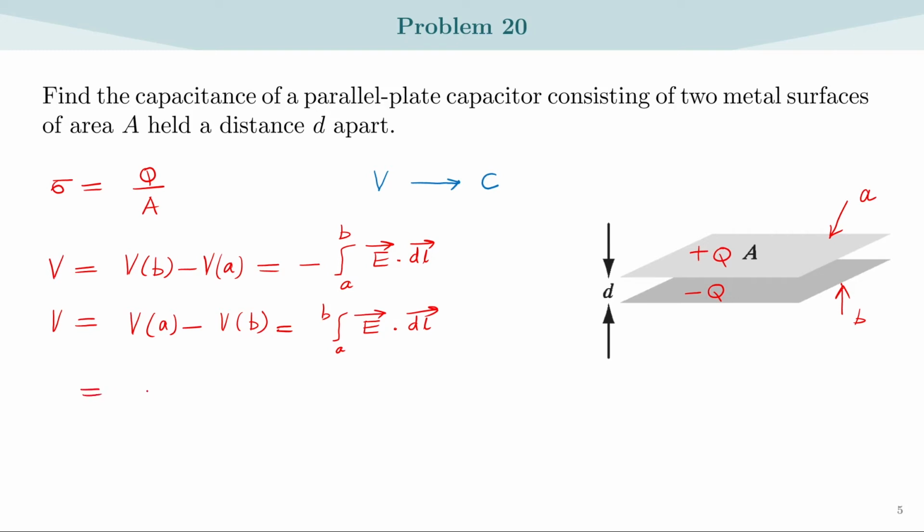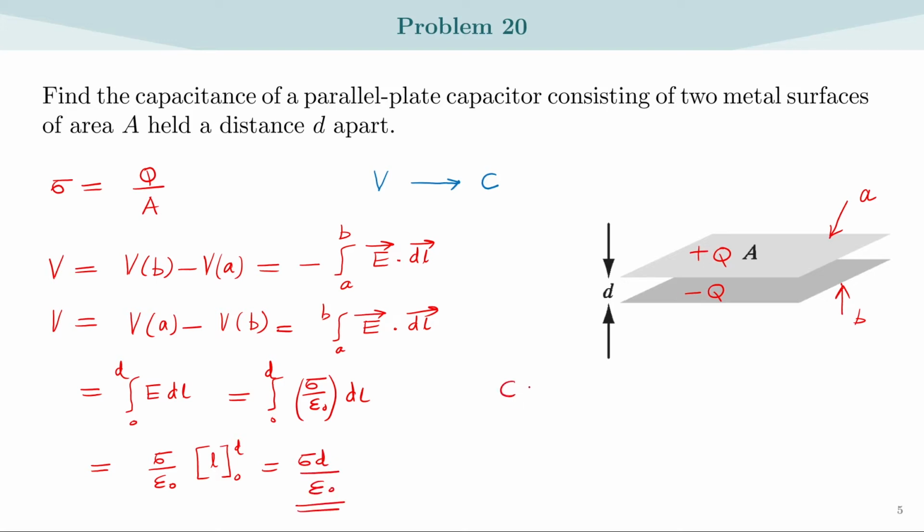And this is equal to integral 0 to d E dl. And this is equal to integral 0 to d sigma over epsilon 0 times dl, where sigma over epsilon 0 is the field due to the sheet carrying charge plus Q. And this is equal to sigma over epsilon 0 times l within the limits 0 to d, and this is equal to sigma d over epsilon 0.